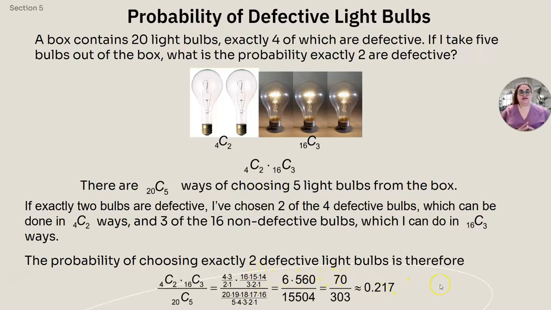It should get 70 out of 303. Total outcomes are going to be this outcome where I have 2 that are defective and 3 that are not. So I have a 21.7% chance of getting this set of light bulbs. Notice that I changed that decimal into a percentage by moving 2 decimal spaces.